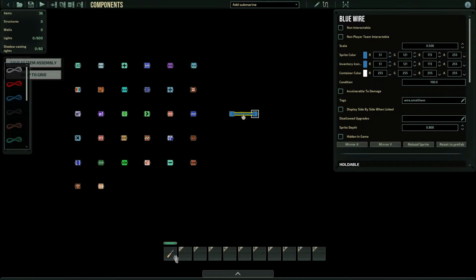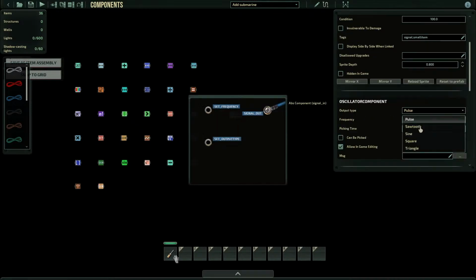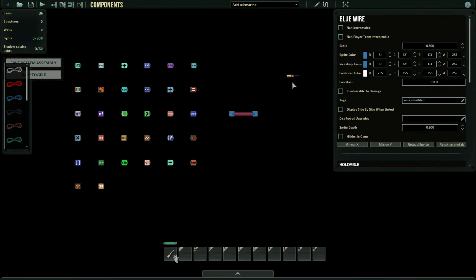If we call this a sine wave, and it doesn't matter what the period is, the thing that comes out of the oscillator component in the current mode is a floating point value between 0 and 1 that's following a sine curve.